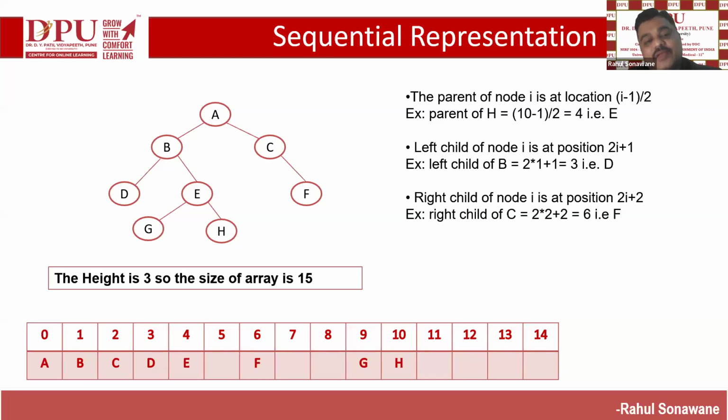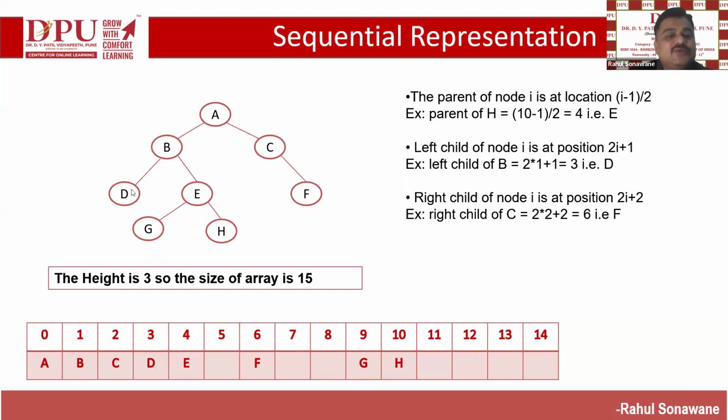Now let's say this tree is there with the same height, isn't it? Right? But it is not a complete binary tree. Now with this example, we can say why we have to avoid using an array for representing hierarchical data. Yes, see how many nodes are there in this example.